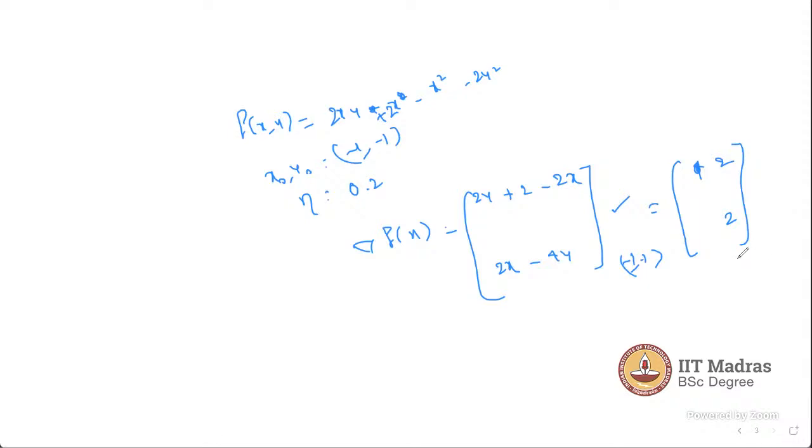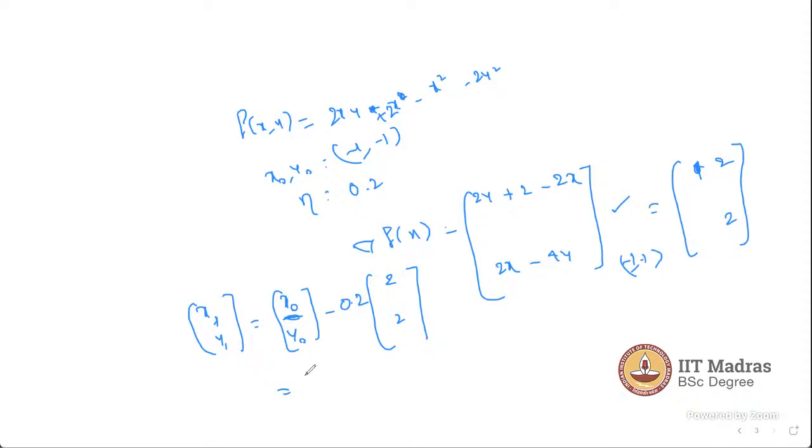Right? This is the answer, right? Del f of x at -1. Okay. And now this will give x1, y1 as x0, y0 minus 0.2 into 2.